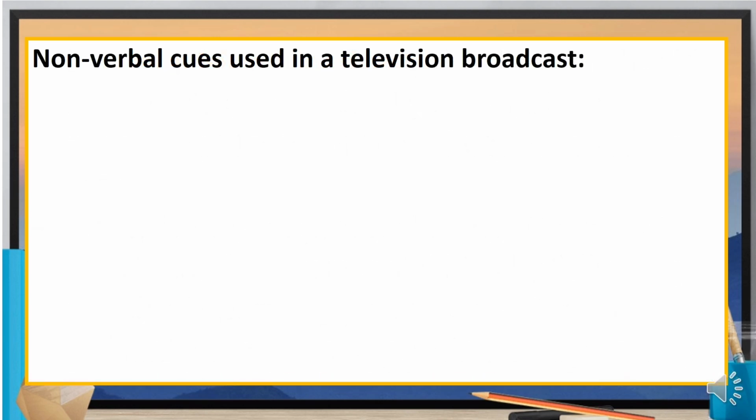So these are the nonverbal cues used in a television broadcast.